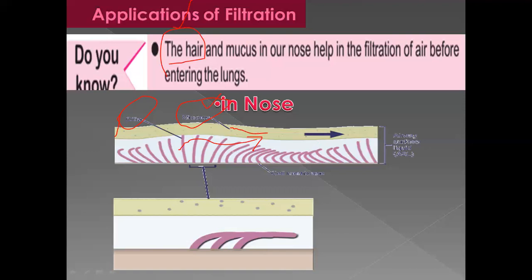If you see this arrow, air comes here in this direction, and you see the mucus is also coming in this direction, and due to these cilia, that mucus is always in constant motion, and it is used to accumulate or stick the dirty material, dust, germs, smoke, etc. And the air which goes into our lungs becomes clean and a little bit warmer according to the body temperature.